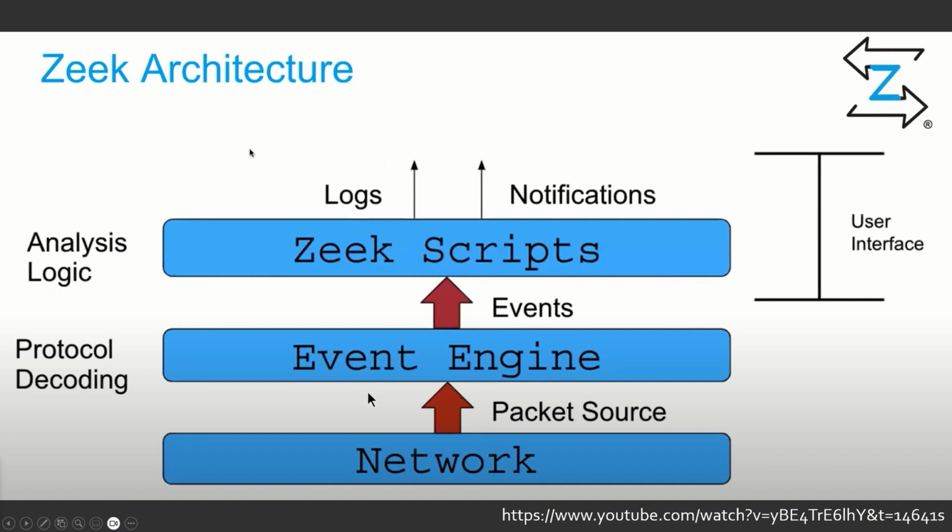So any protocols that have been picked up within the packets pushed into the engine will then be parsed into events that Zeek will then use to further process with the scripts using its script/policy interpreter. And what happens after this is that it outputs network logs organized by protocol.